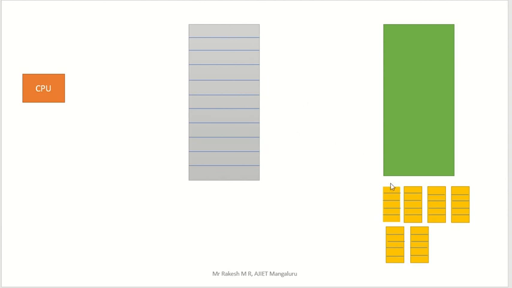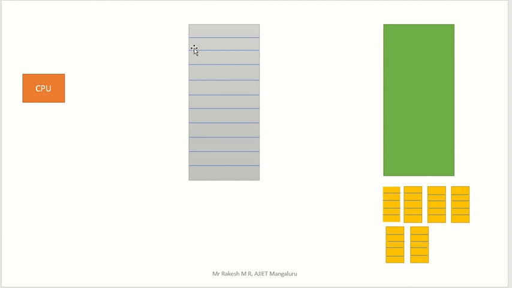Here we are dividing into how many pages? 1, 2, 3, 4, 5. Here 5 pages we are dividing. Consider this is 200 KB memory, 5 pages means 40 KB each.